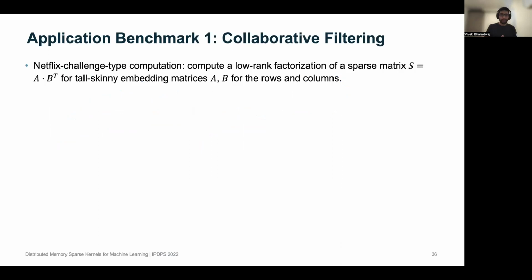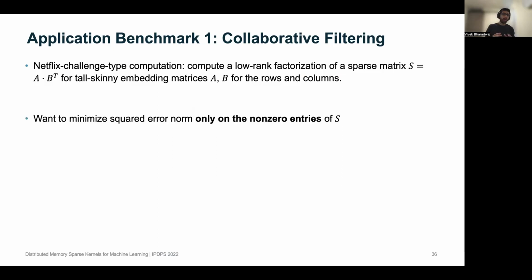Finally, let's get to some application benchmarks. The first benchmark we try is collaborative filtering. So this is a Netflix challenge type computation where we want to compute a low rank factorization of a sparse matrix S equals A times B transpose, where A and B are tall skinny embedding matrices. Now, the key here is we want to minimize the squared error norm only on the non-zero entries of S. We don't care about the zero entries.